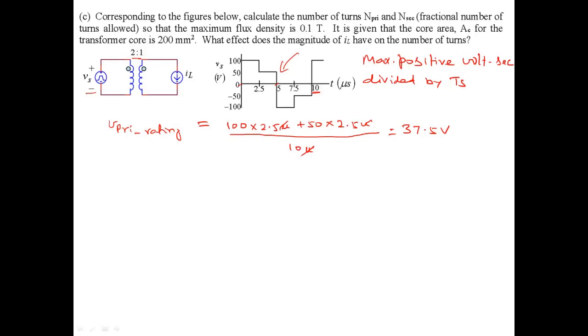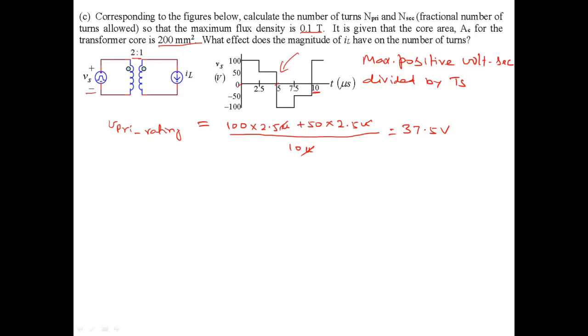Once that is determined, we have a formula in the notes that relates the number of turns needed to the voltage rating, frequency, core area, and the flux density that you want to allow. Maximum flux density is given as 0.1 Tesla. The core area is 200 millimeters squared.